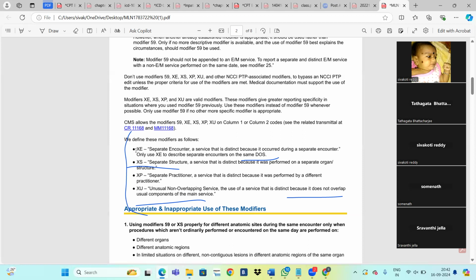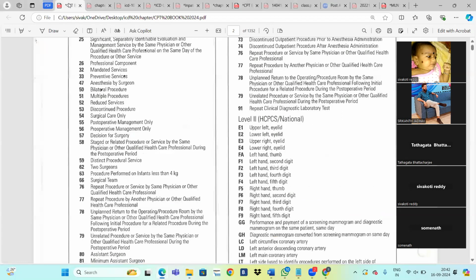So remember, up to now, these definitions you understood, right? Yes, sir. Now you are asking if they repeated the same procedure on the same day, 87804, correct?